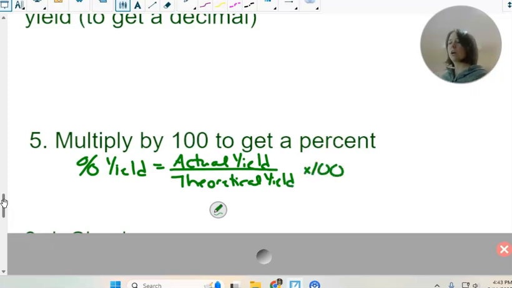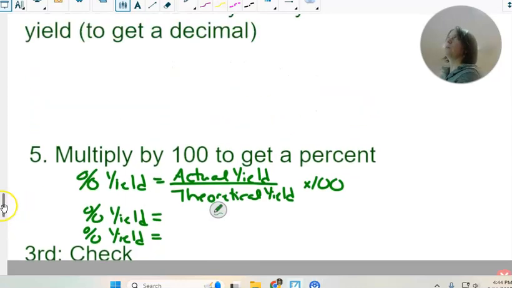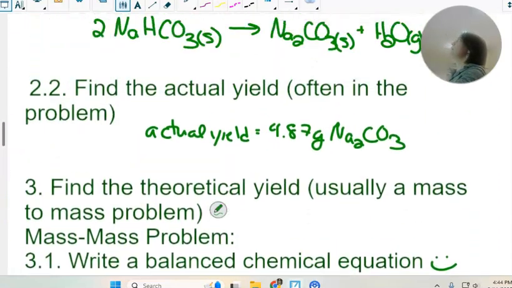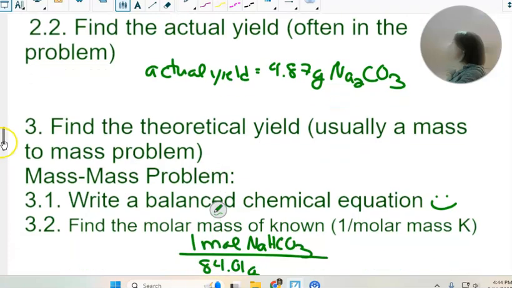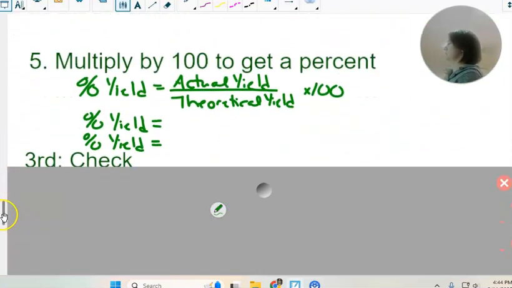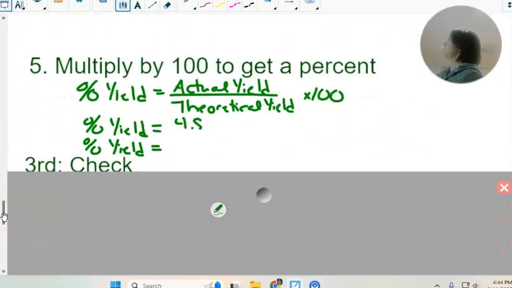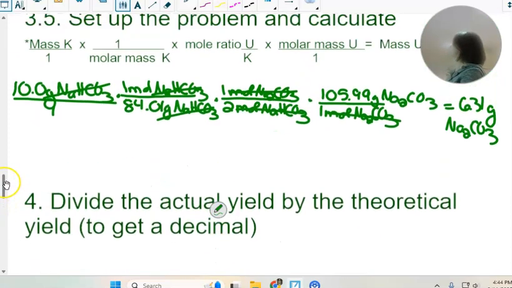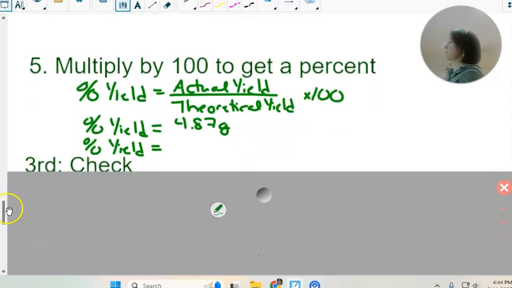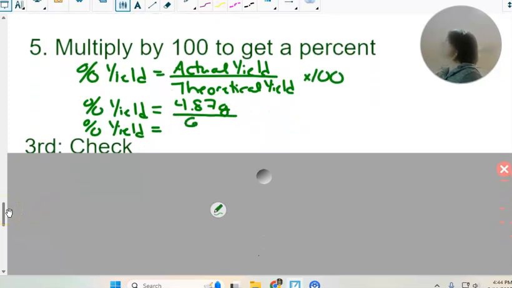All right, then we're going to plug in our numbers. Okay, if you remember, our actual yield was way up here in the problem, 4.87 grams, and our theoretical yield was what we just figured out, 6.31 grams, times 100. I'm going to pause there, and you need to figure out the percent yield. See you later.